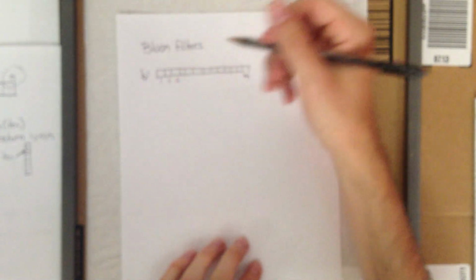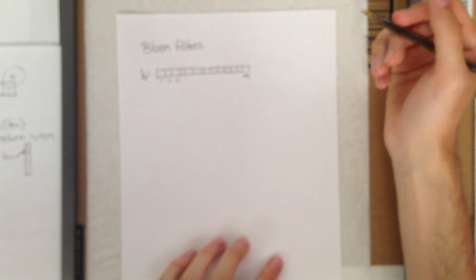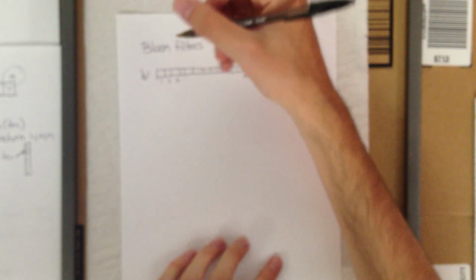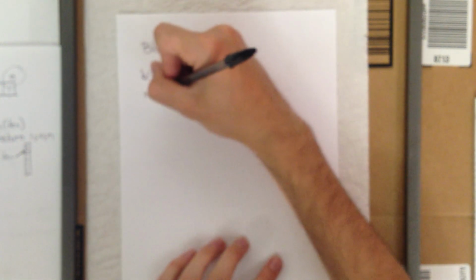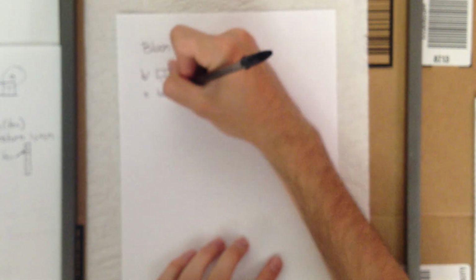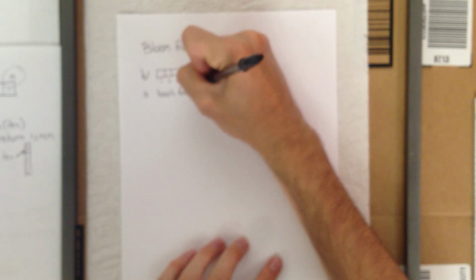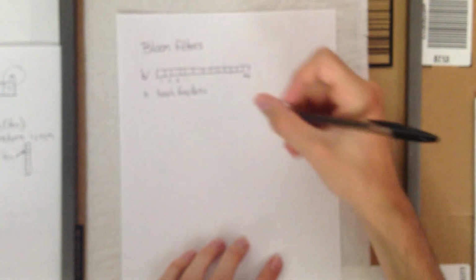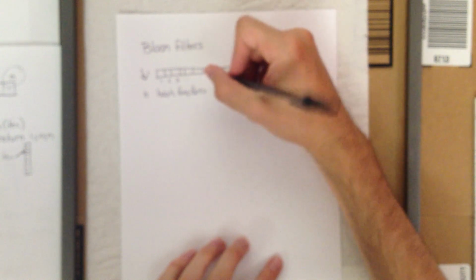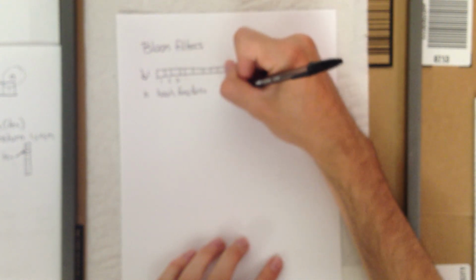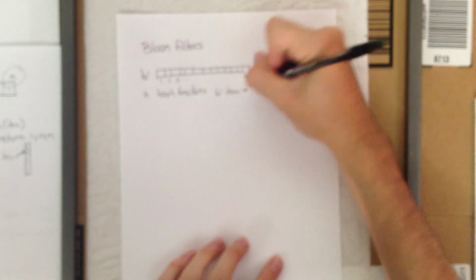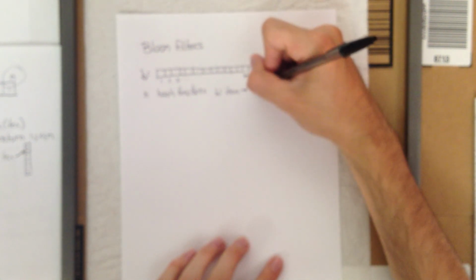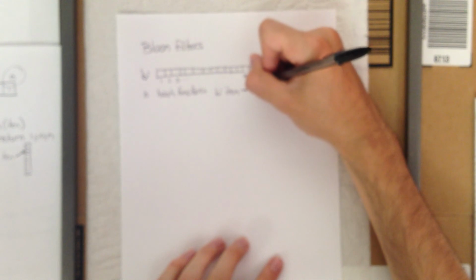Okay, now remember, a Bloom filter works by using a number of hash functions. So we're going to say that you have n hash functions, and recall each hash function takes an item as an input. So a hash function takes an item as an input and maps to a number between 1 and m.